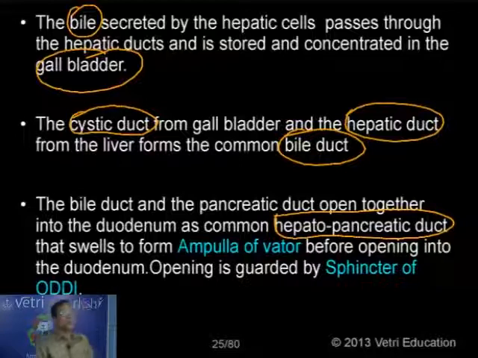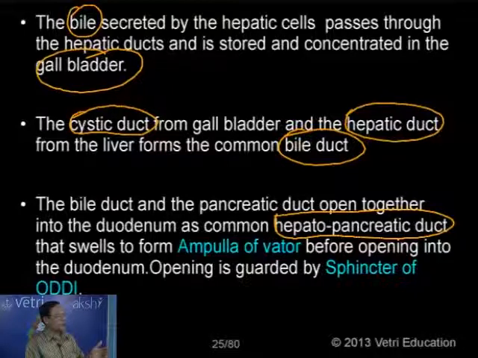The bile duct and the pancreatic duct never open separately and independently into the duodenum. They join together to form the hepatopancreatic duct, which opens into the duodenum.